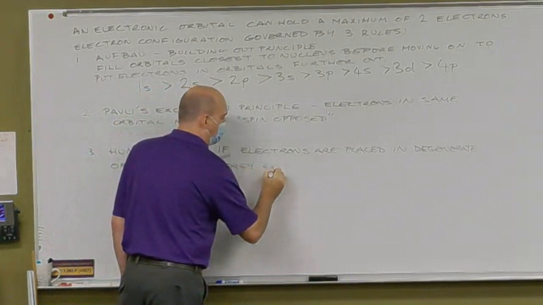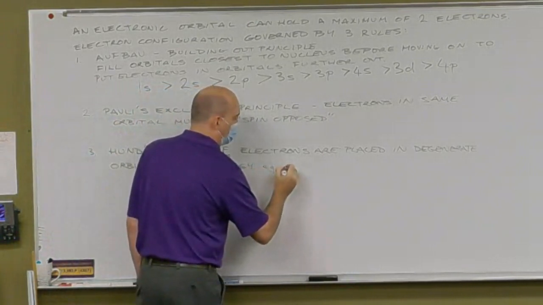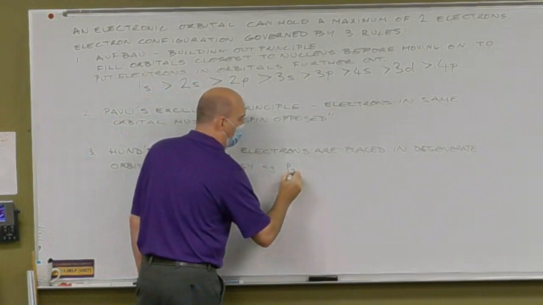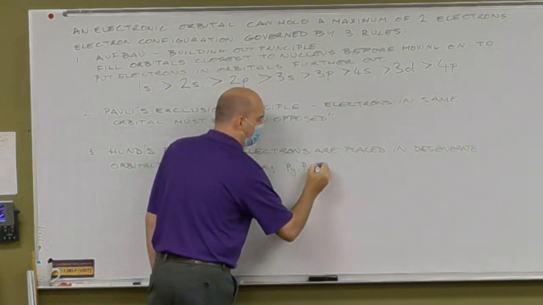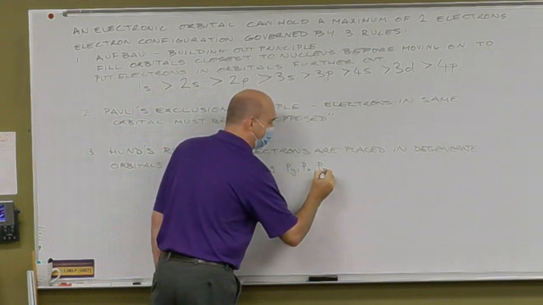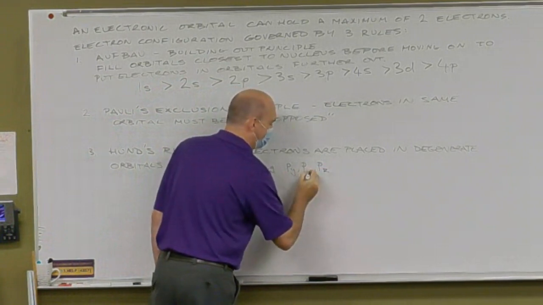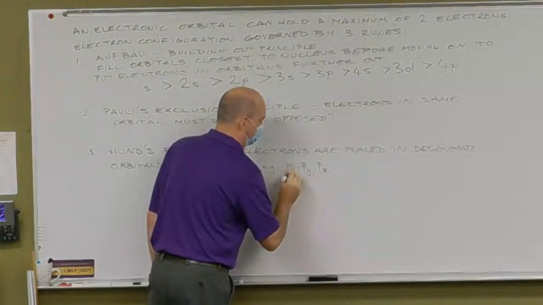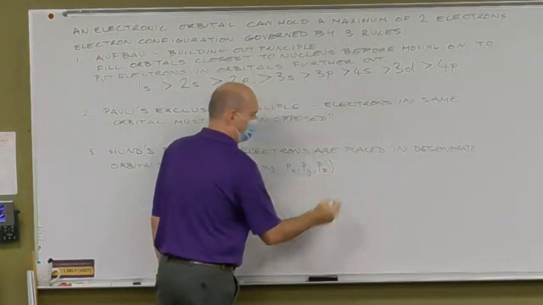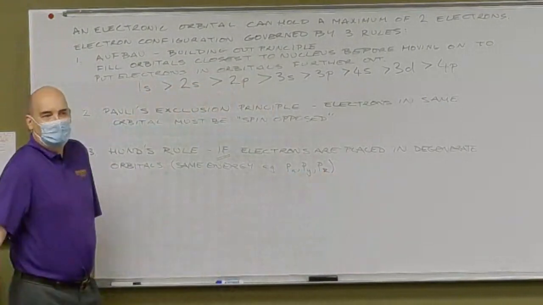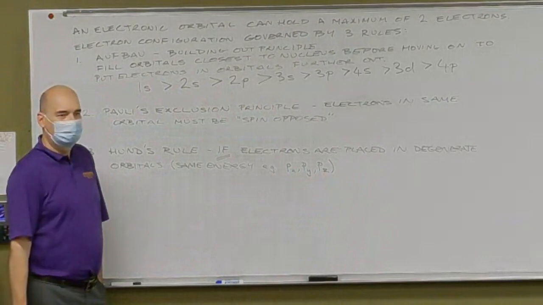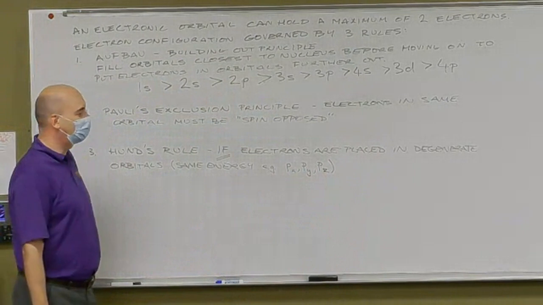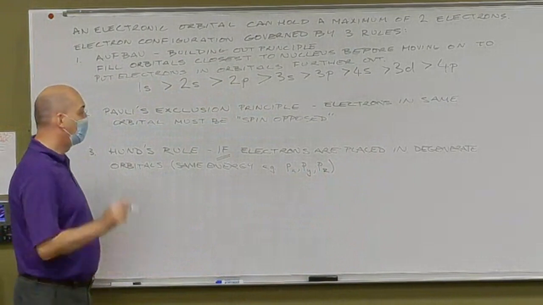Okay, so I'm going to give you an example. I'm going to go back and fix that so that it says px, py, and pz, because that's normal. They're the same as each other. They're just pointing different directions, right? We have not introduced anything that would tell us that those are different.